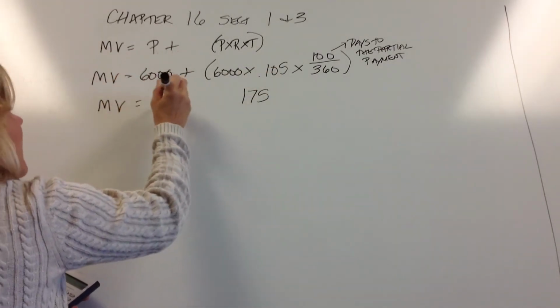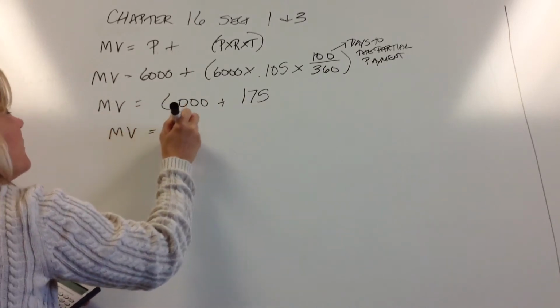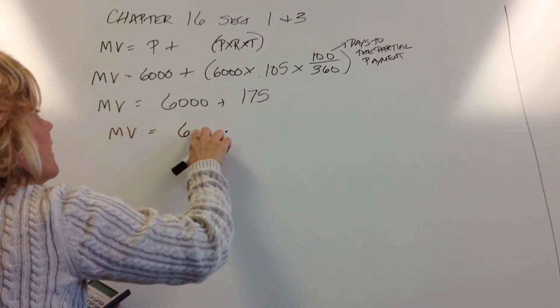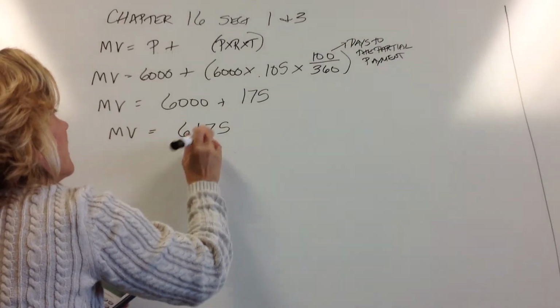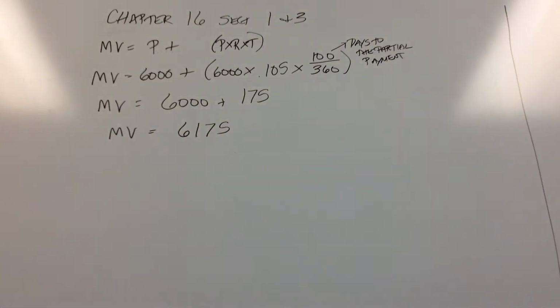So now I'm going to go back and add that to my principal. So on the day that they make that partial payment, they would actually owe $6,175, the principal plus the interest accrued up to that point. So then on that day, they make a partial payment.